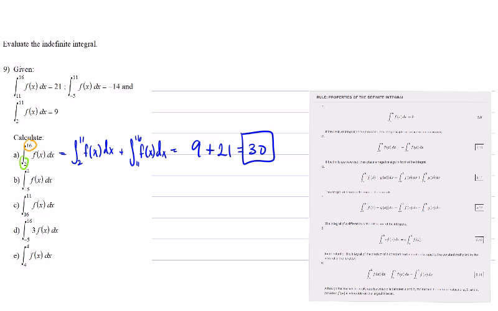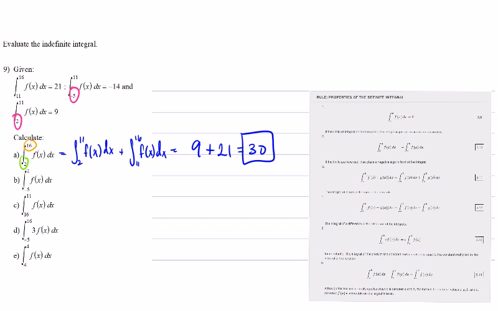Okay, next we have the integral from -5 to 2. With this one, we have one that starts at -5 and one that starts at 2, but we don't have one that ends at 2. So this one is actually a subtraction one.